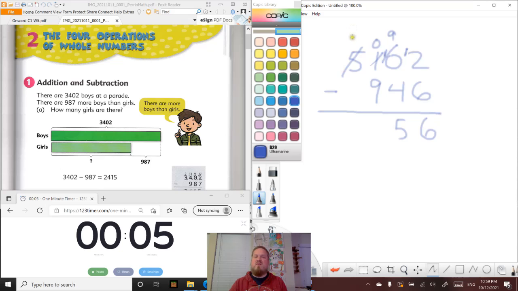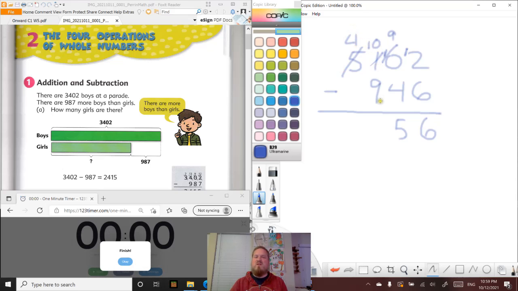So we need to take one of our thousands and convert it into 10 100s. 10 minus 9 is 1, and 4 minus nothing is 4. According to the book, that's the right answer, 4,156. And I mostly did it in 60 seconds.